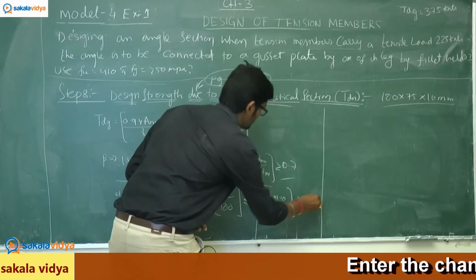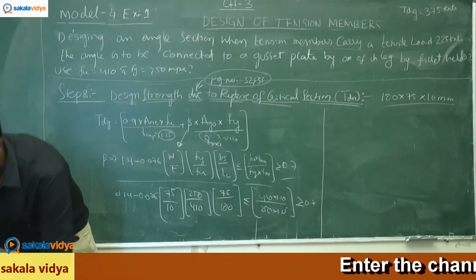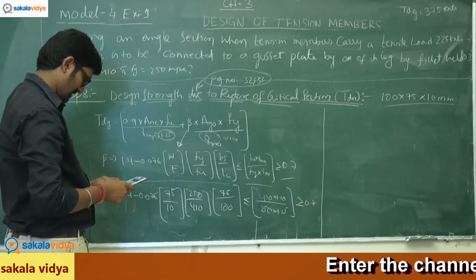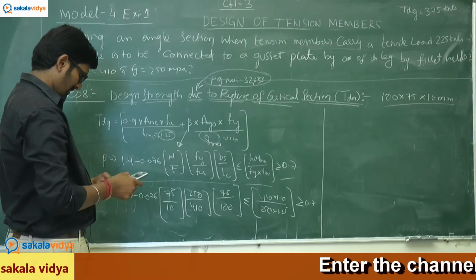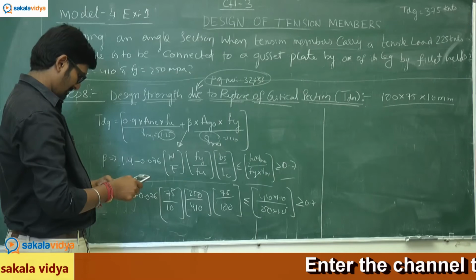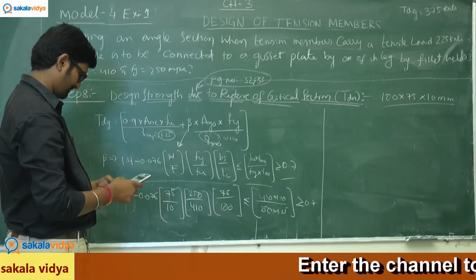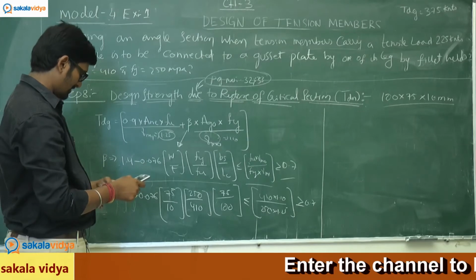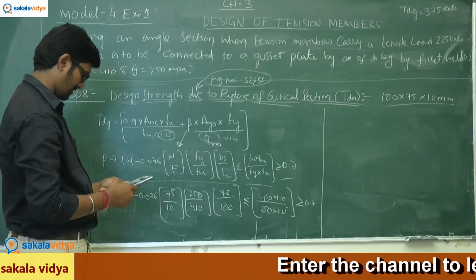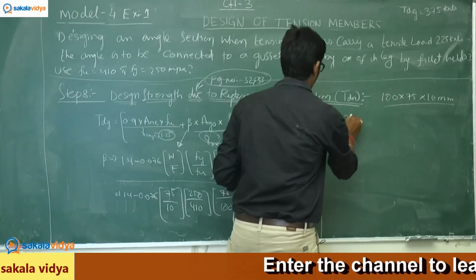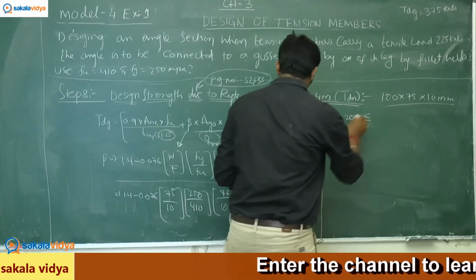Let us check the value and find beta. 1.4 minus 0.076 times 75 divided by 10, 250 divided by 410, 75 divided by 100, that is how much? 1.206. So 1.206 is less than or equal to the beta value.